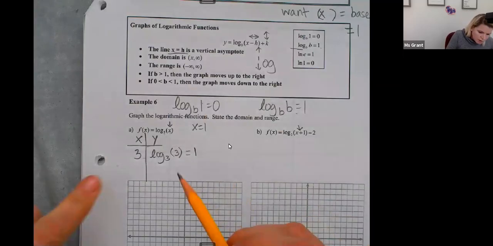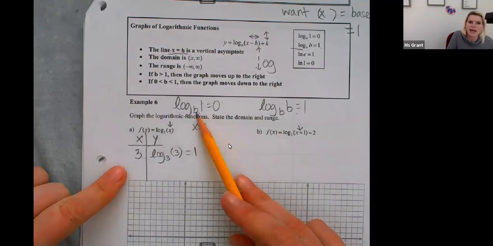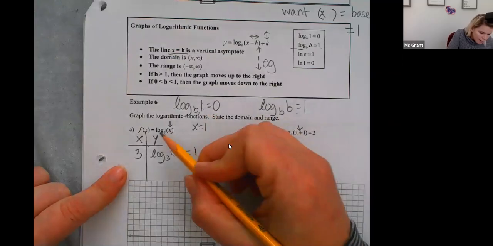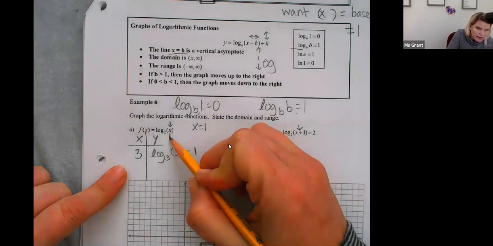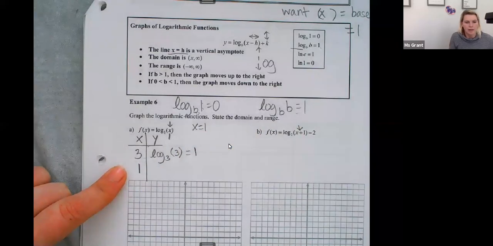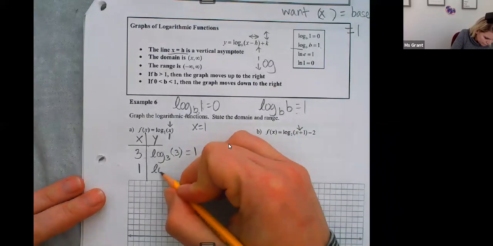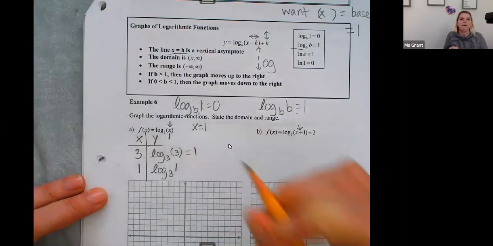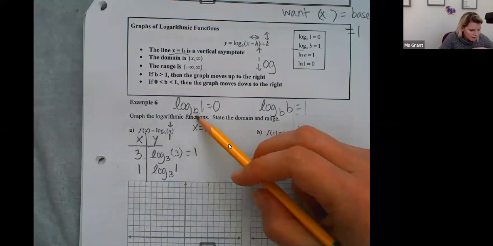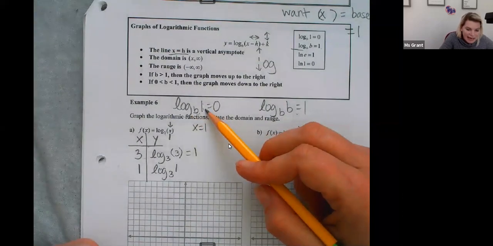I also want log base whatever, and I want there to be an actual 1. Log base 3, and I want there to be a 1 right here. I'm going to put x equals 1. Because then I have log base 3 of 1. Log base whatever of 1 equals 0.